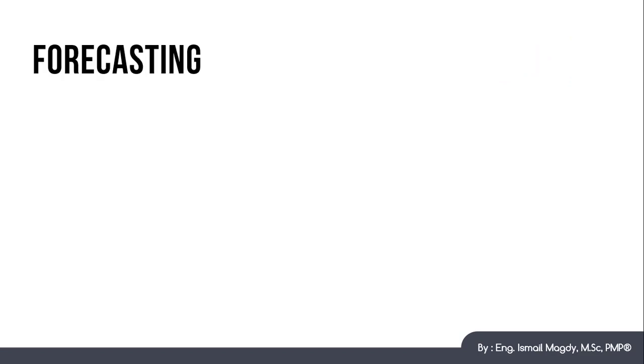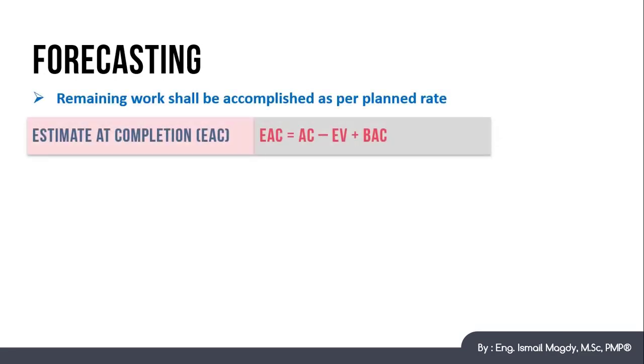So now that we understand the main concept, let's check the equations. First condition, if the remaining work will be completed based on the planned rate, so the estimate at completion is going to equal the actual cost minus the earned value plus the original budget at completion.